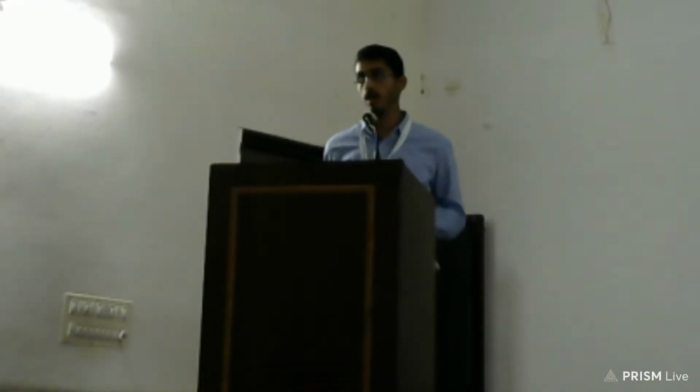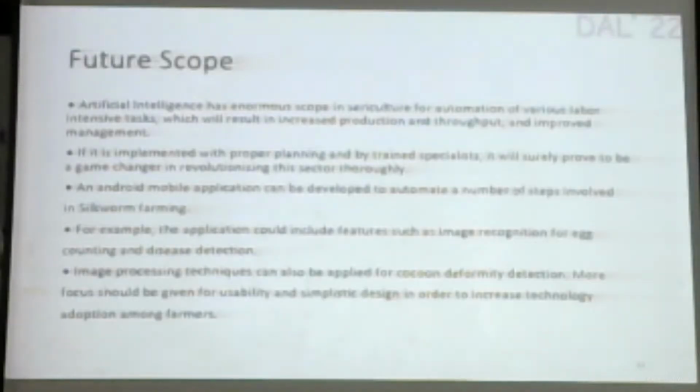One thing that is lacking in AI applications in sericulture is open source technology. In terms of collaboration, researchers are lacking in providing open source data sets where the research community can come together and provide better results. And you have two terminologies, artificial intelligence and machine learning.